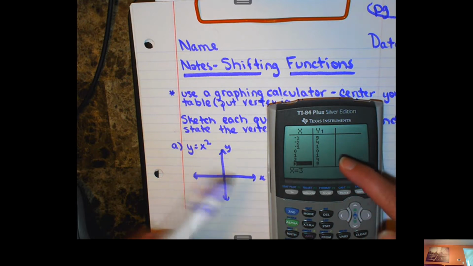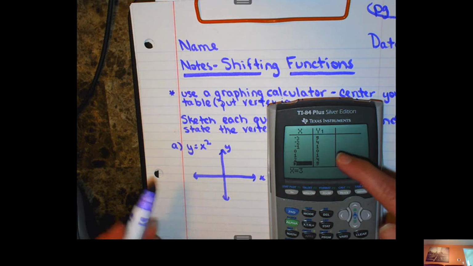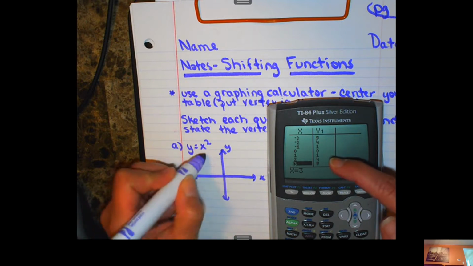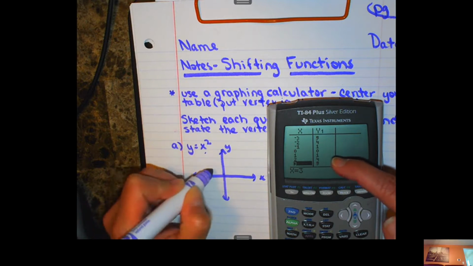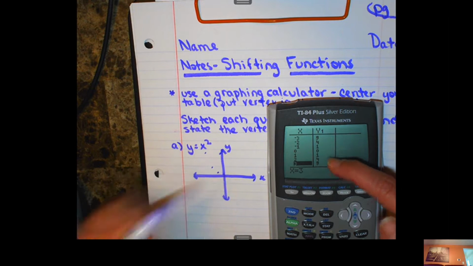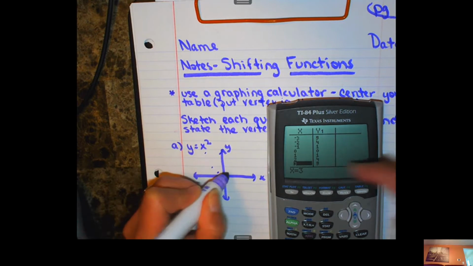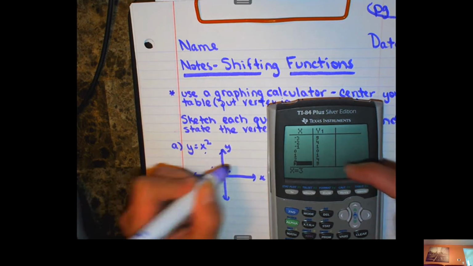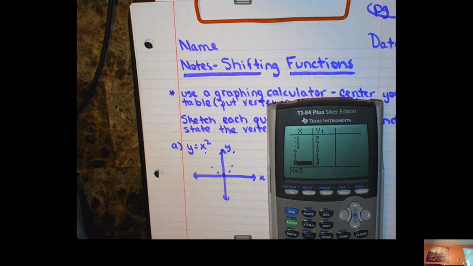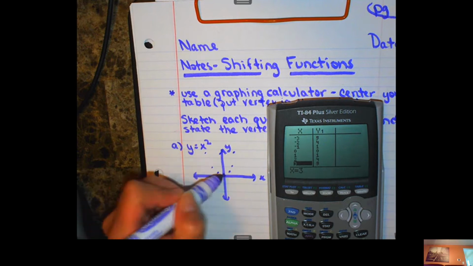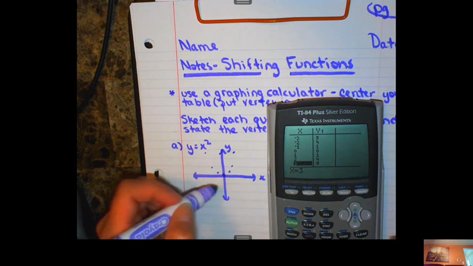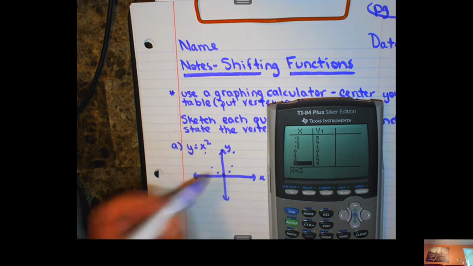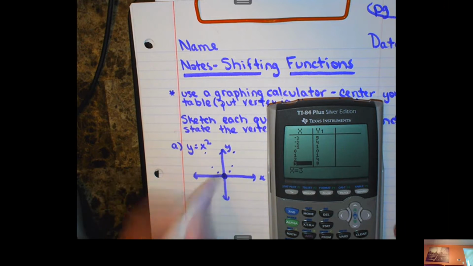So if I was really graphing this, which you don't have to do, we would have -3, 9 over here, -2, 4, -1, 1, 0, 0. And then as we go up, we would have the points that would be symmetric. So we're not going to plot points today. Really what we care about is the vertex. So please graph the vertex for me, which is our 0, 0.